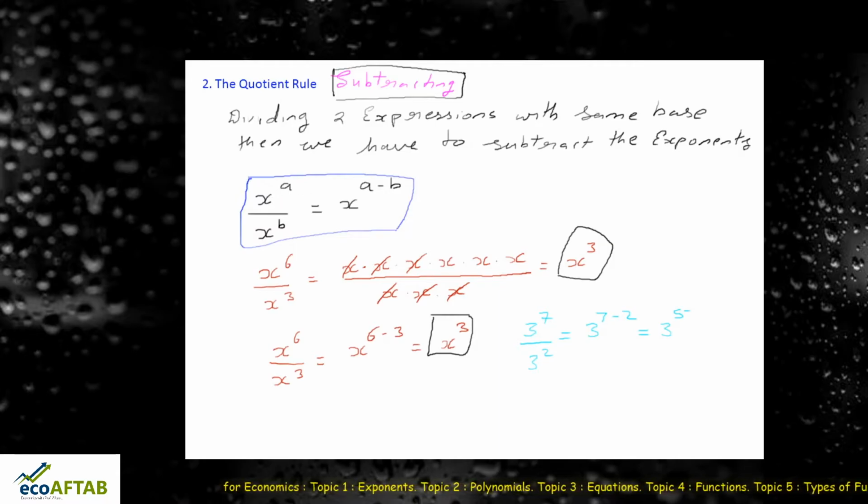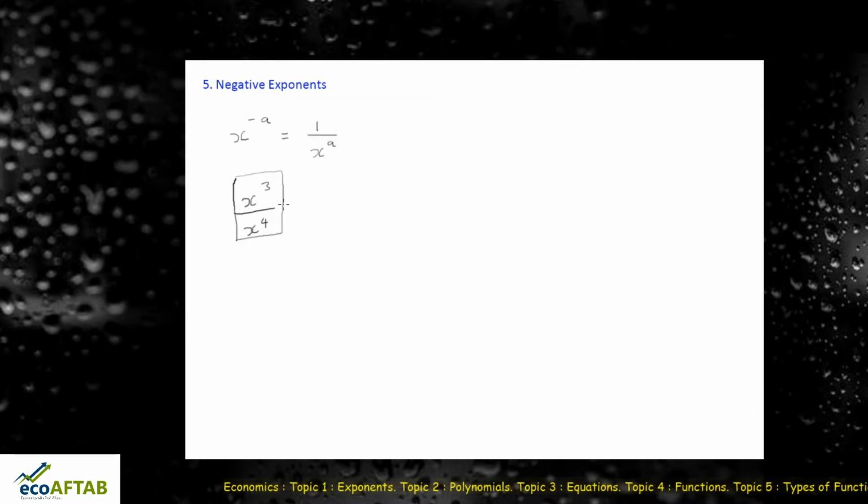The same rule I am making use of in this thing, x to the power 3 divided by x to the power 4. So this I can write as x raised to 3 minus 4, that is equal to x raised to minus 1. Now in our routine way, if you want to solve it, how will you solve it?